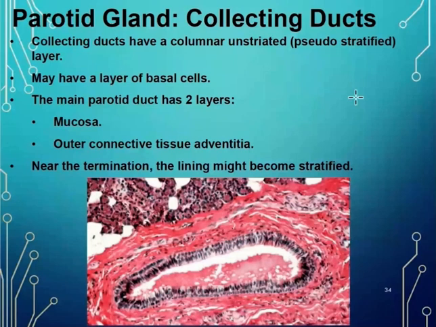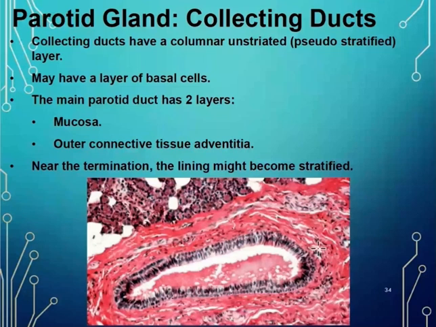The collecting ducts are found in the interlobular regions, in the large connective tissue septa. As they enlarge and enlarge, we have what we call the main parotid duct, which appears like excretory passages.